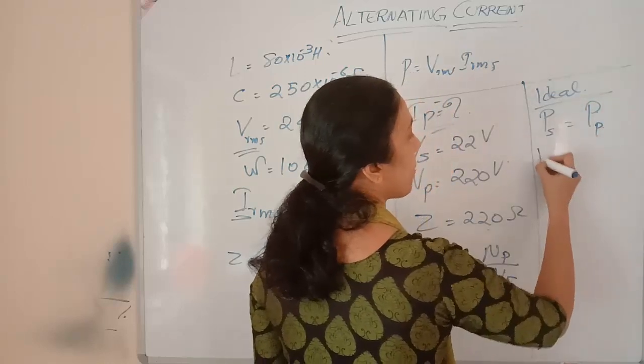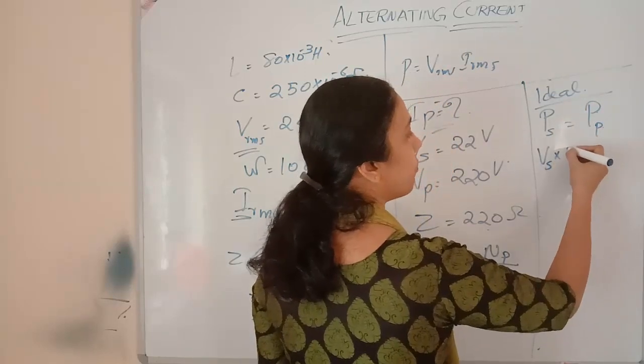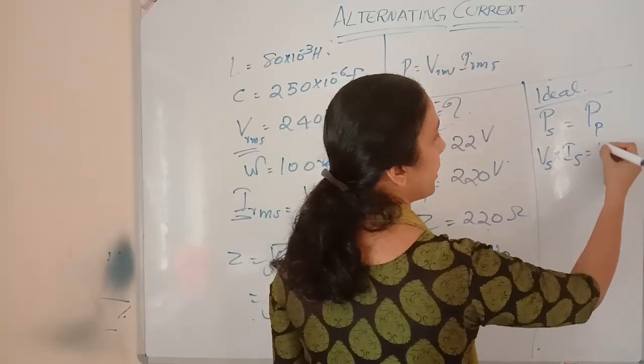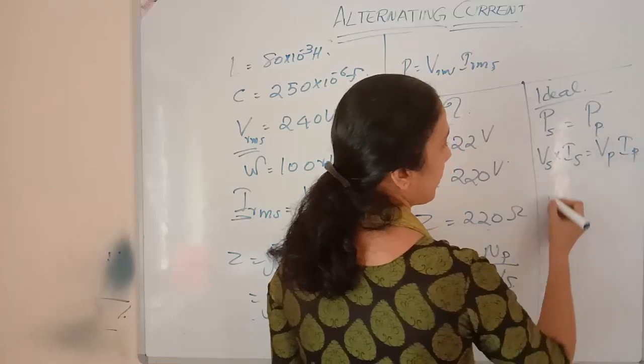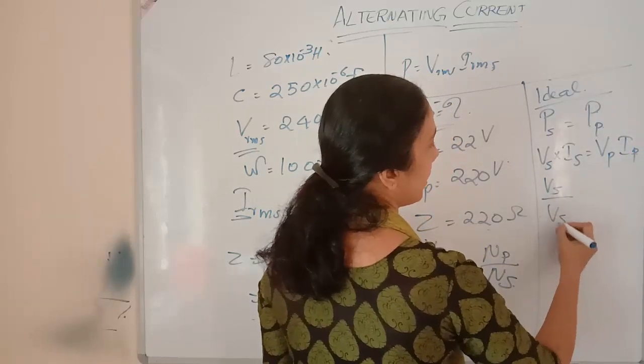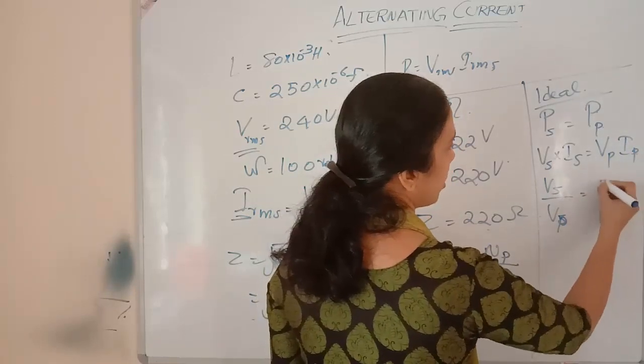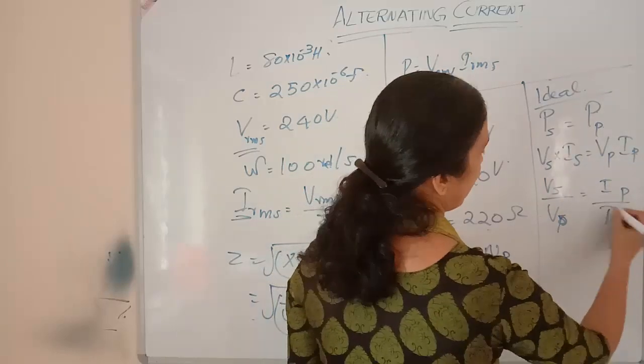So Vs into Is will be equal to Vp into Ip. So Vs by Vp will be equal to Ip by Is.